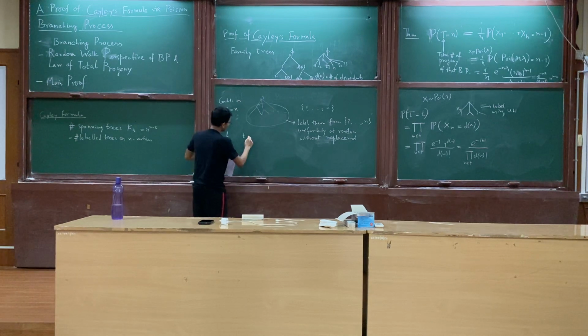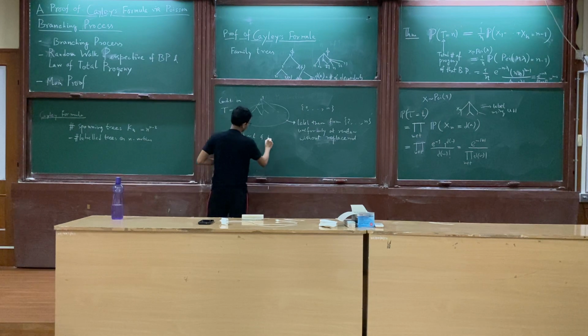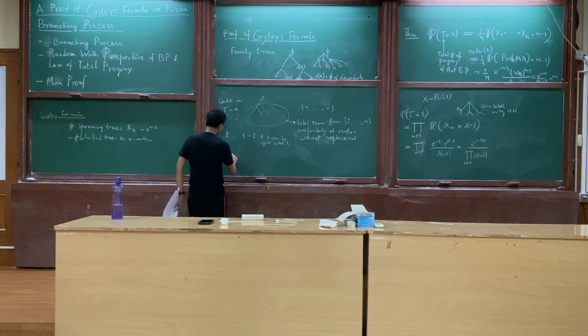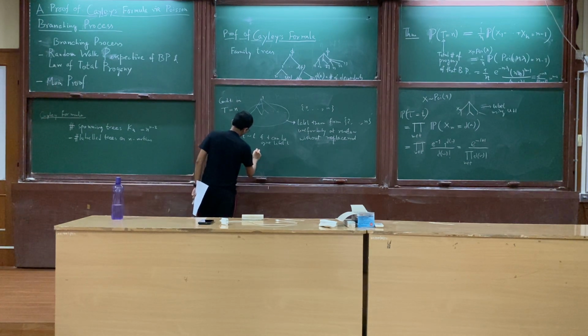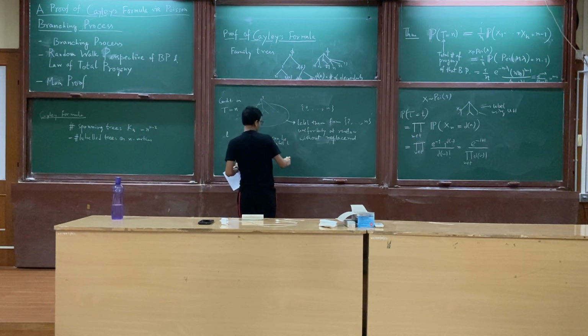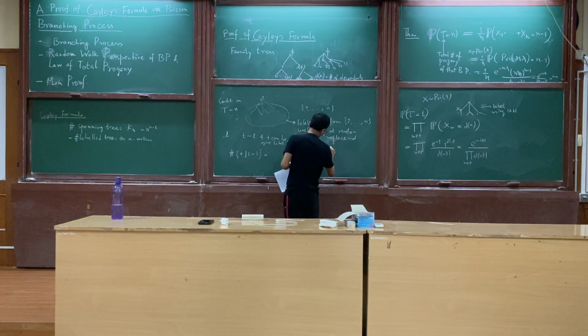Let T tilde L denote a tree that can be given label L, and we want to compute how many family trees there are that can receive label L. So look at a family tree.